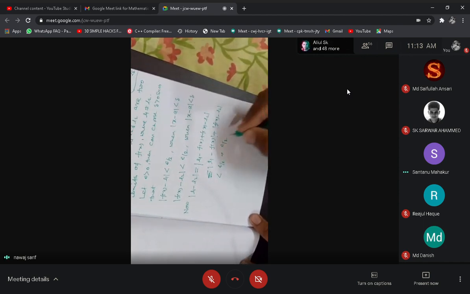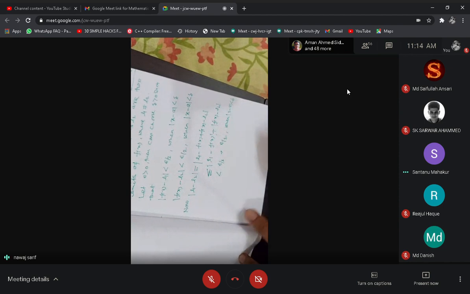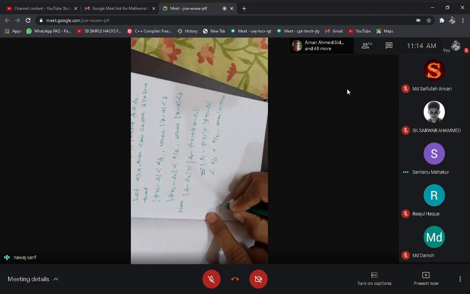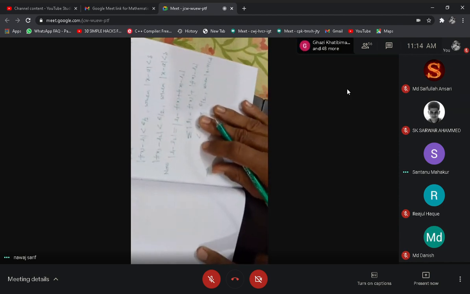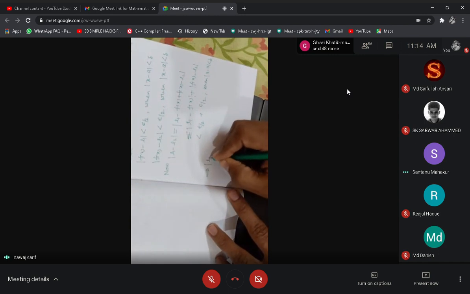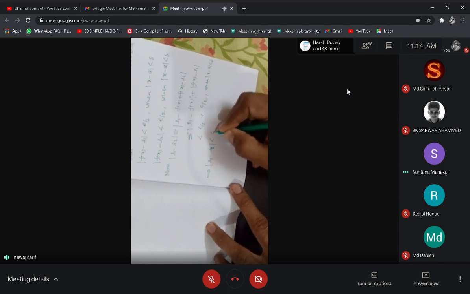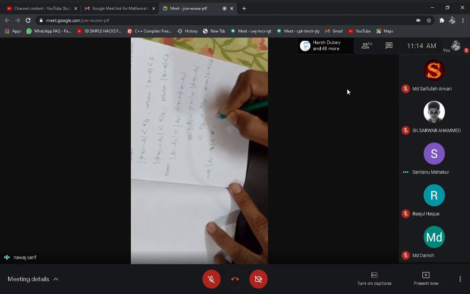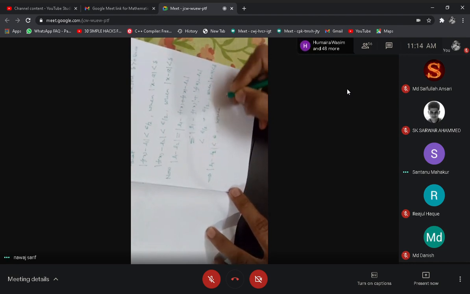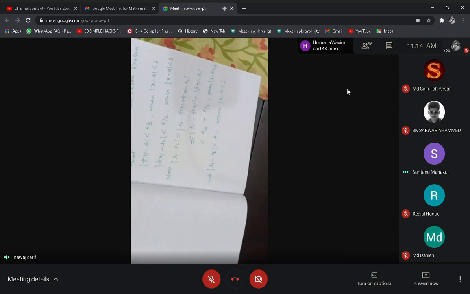Okay, when mod of x minus a is less than delta, this implies mod of L1 minus L2 less than epsilon. Okay, when mod of x minus a less than delta.